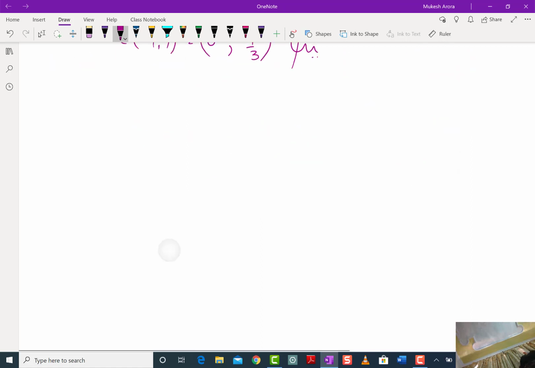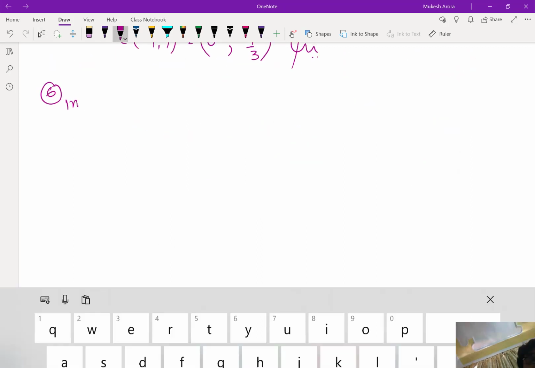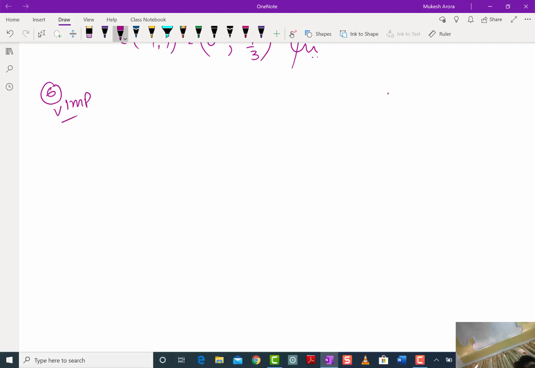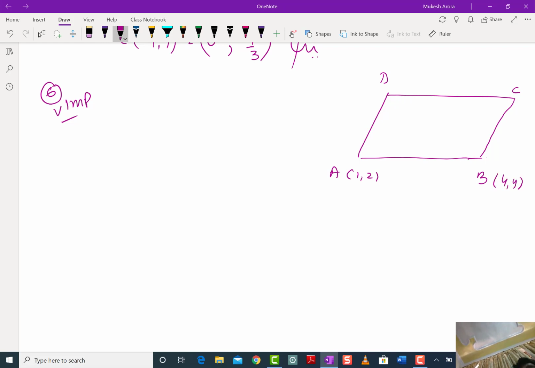Now the important question, again, very important question. If 4 points are given in order and these are the vertices of a parallelogram. Order means this is A, this is B, this is C, and this is D. Find the value of x and y.